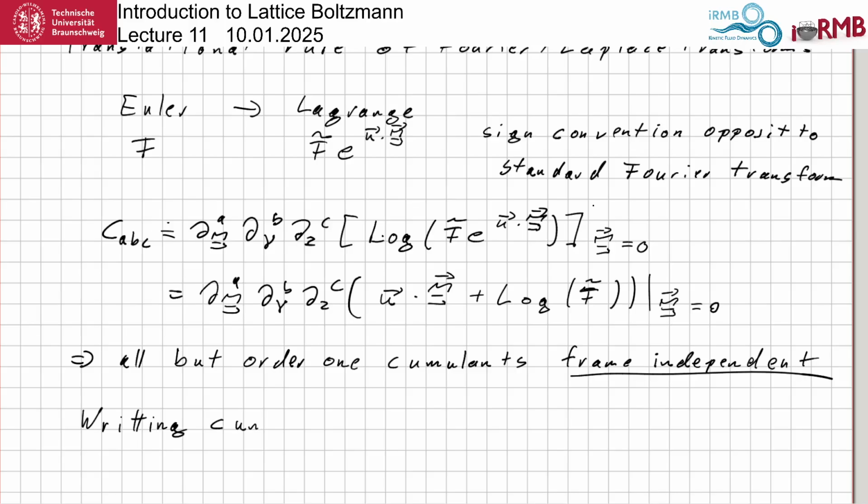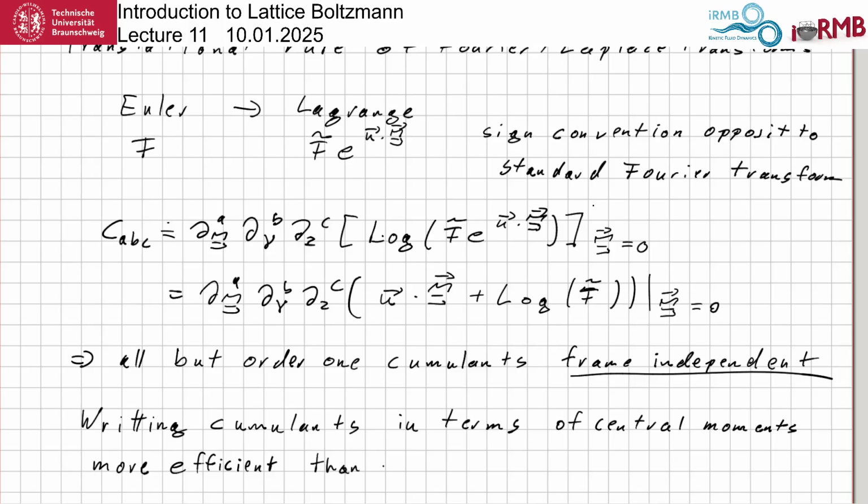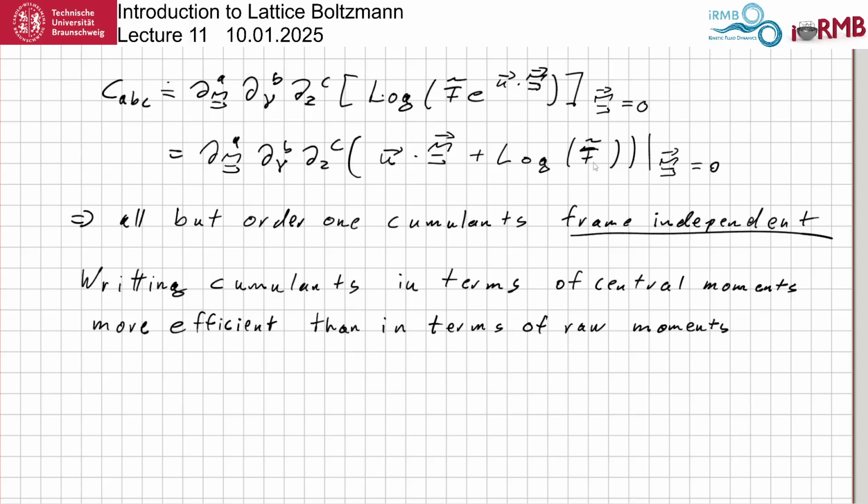So writing in terms of central moments is more efficient than in terms of raw moments. And I mean, by a long way.